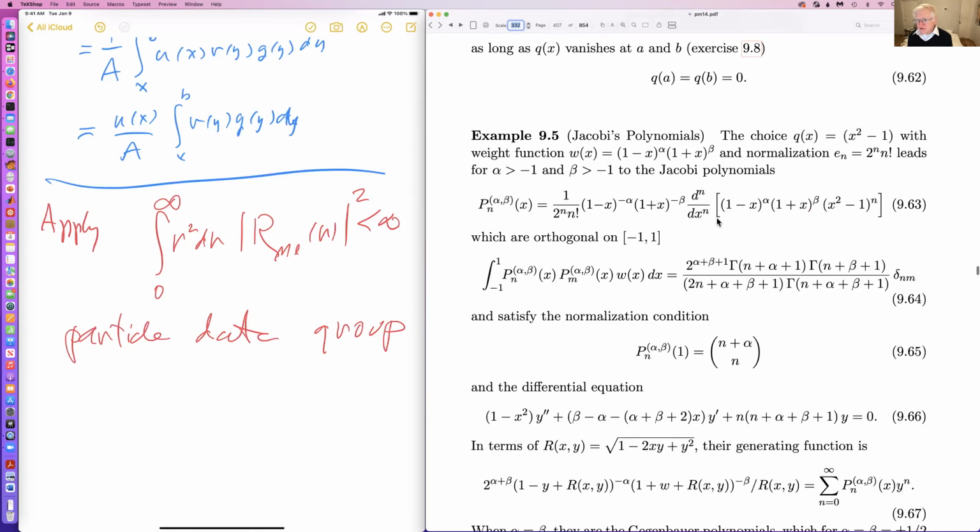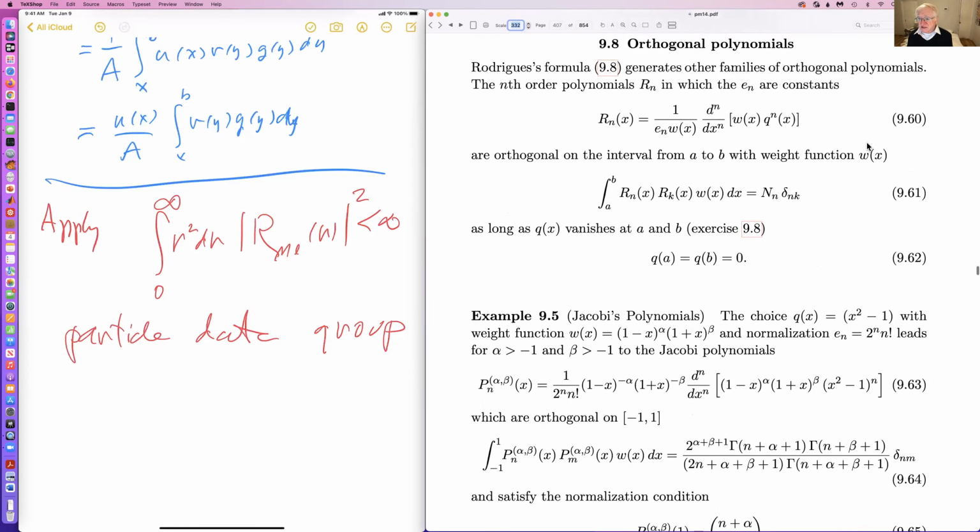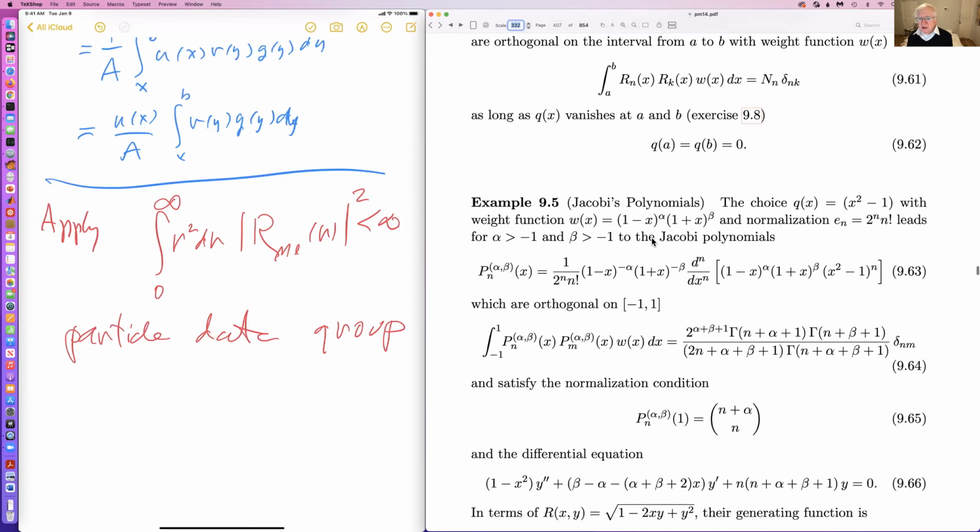An example of this is, you let Q of x equal x squared minus 1. Well, that's what we had in the case of the Legendre polynomials. But here, instead of differentiating simply Q to the n, you pull in a weight function W.